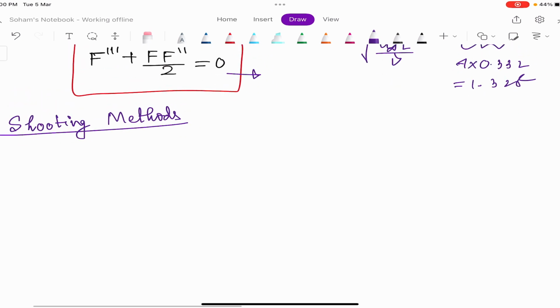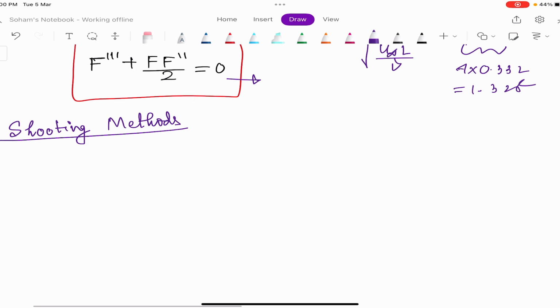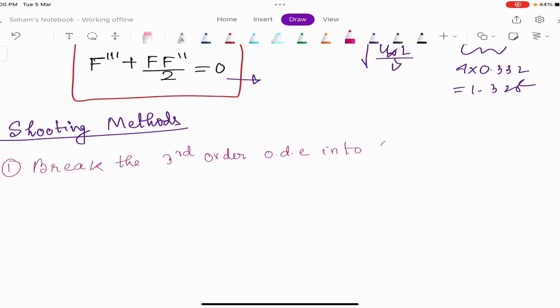In the shooting method, what we do is we break down this third order ODE into three first order ODEs. So the first step is to break the third order ODE into three first order ODEs.